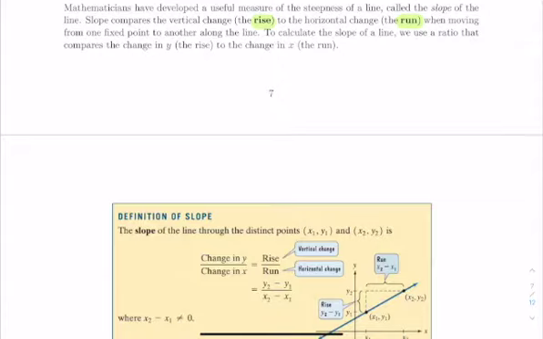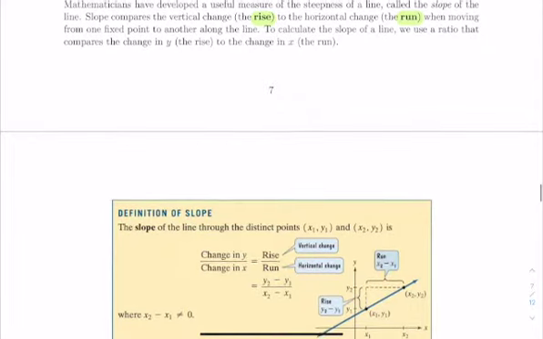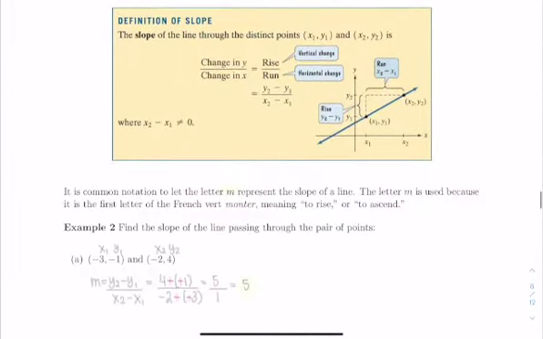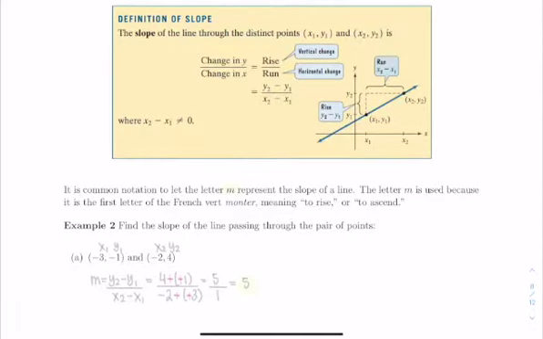The slope of the line through the distinct points (x1, y1) and (x2, y2) is the change in y over the change in x, which is the rise over the run, or y2 minus y1 over x2 minus x1. It is common notation to let the letter m represent the slope of a line. The letter m is used because it is the first letter of the French verb monter, which means to rise or to ascend.